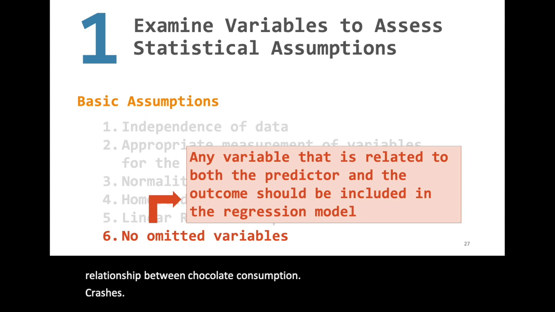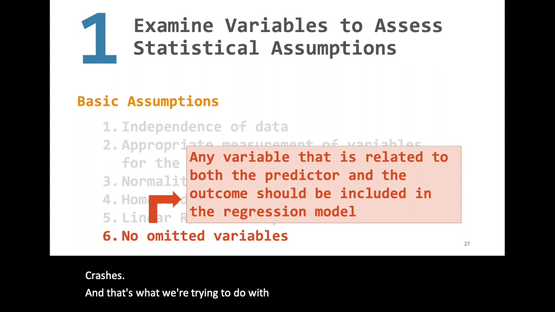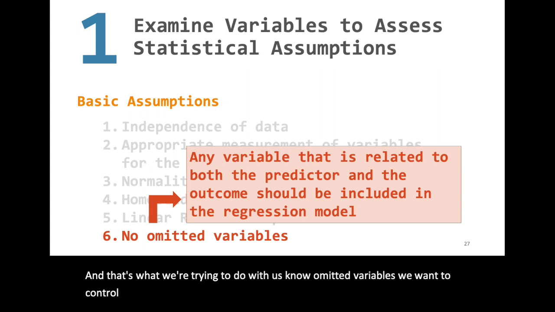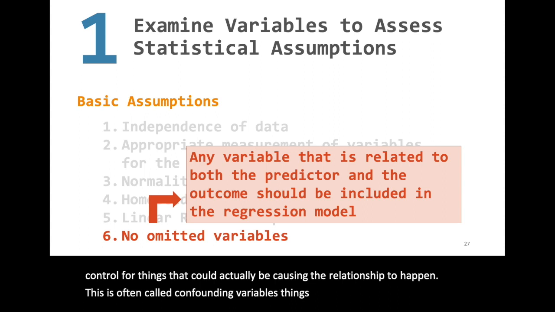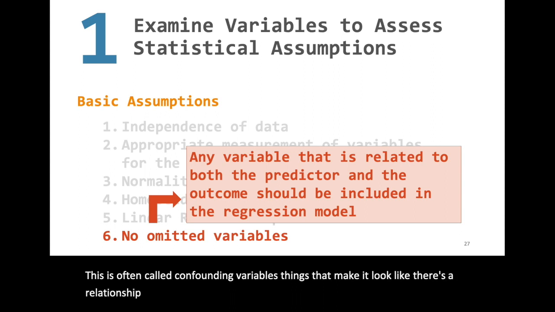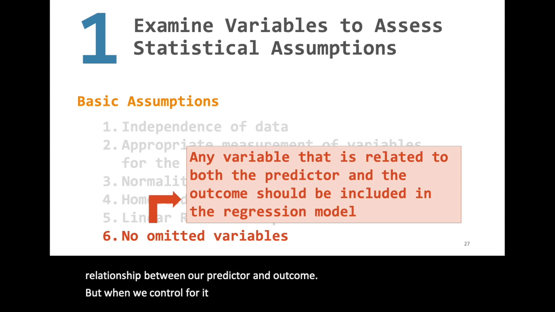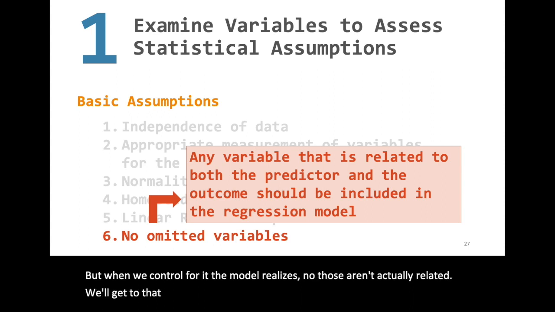And that's what we're trying to do with this no omitted variables. We want to control for things that could actually be causing the relationship to happen. This is often called confounding variables. Things that make it look like there's a relationship between our predictor and outcome, but when we control for it, the model realizes, oh, no, those aren't actually related. We'll get to that a lot more when we get into multiple regression today.